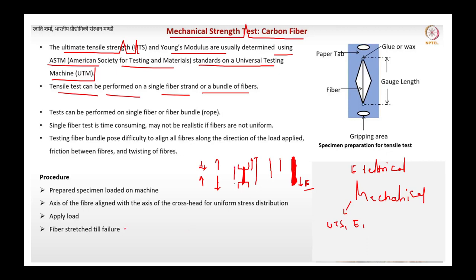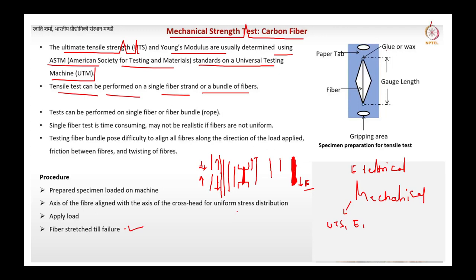Suppose your length is continuously increasing; at a certain point of time your fiber will break, like this. So you have to stretch this fiber in such a way that it breaks, and from there you can analyze all the properties.